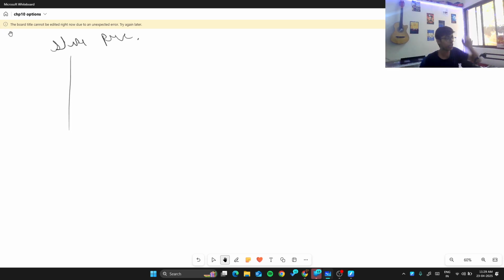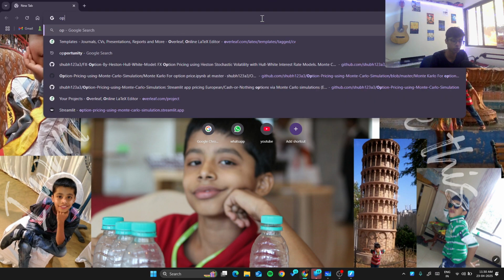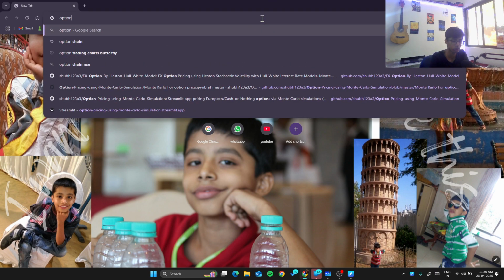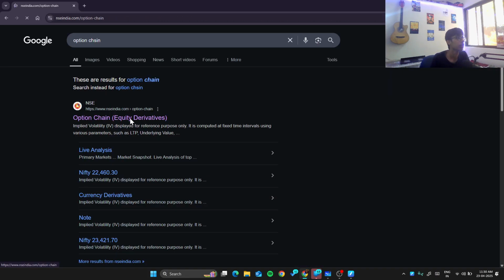Yeah, the strike price difference. Let's say here we sorry, to understand that we will see the option chain, so it will be easy for you. Chain, right?